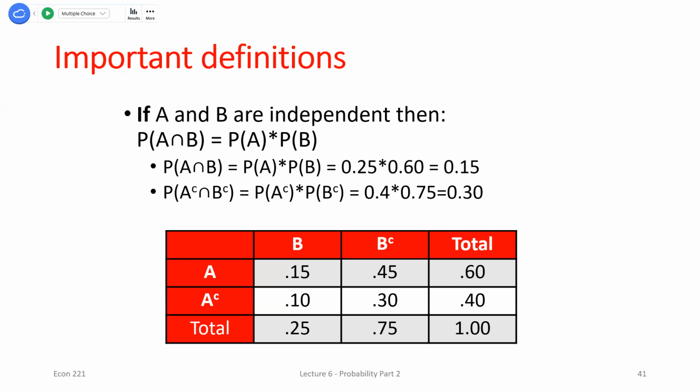Well, being under 6 feet tall and being a registered Democrat, the complements, are also independent, right? So if we have two events that are independent, their complements will be independent as well. Right? So it's another way we can check it. We don't often do this, but it's just a neat byproduct of events being independent. Any questions on this before we keep moving? We have time. Okay.